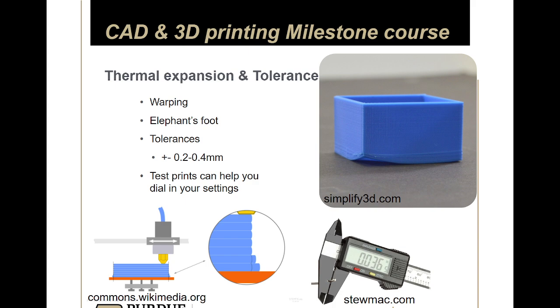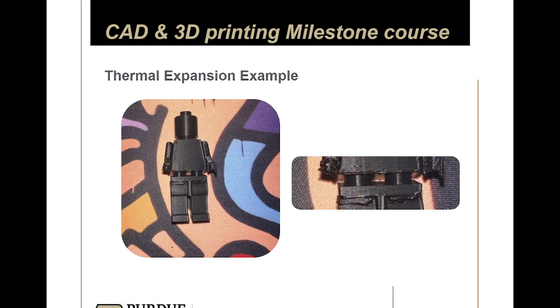But when you want two things to fit together, you don't want the dimensions in the CAD to be completely exact, right? So the next slide I think is a good example. Someone made this Lego-looking model for their final, and they didn't add enough tolerance.